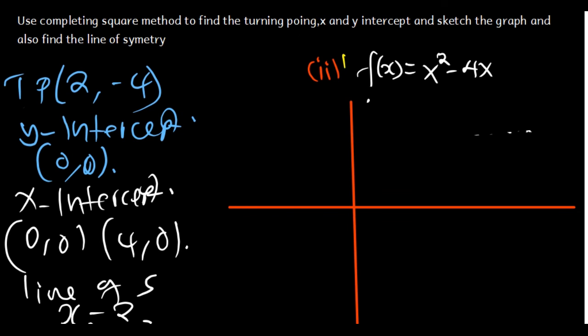At the same time, we know that our a was greater than 0. It was 1 actually. So the graph is supposed to have its own minimum. That's why it is negative, this part here. So before you even sketch the graph, you know that the graph is supposed to be like this, or supposed to be like this. That is also very, very important.